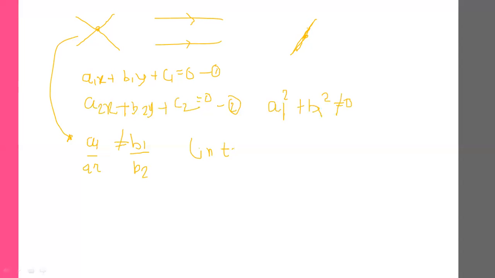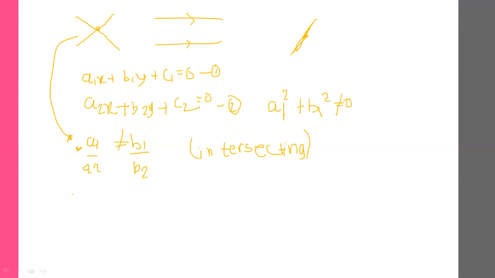So it has only one solution where it is intersecting. It is called the point of intersection, and as it is giving a solution, it is called a consistent pair.